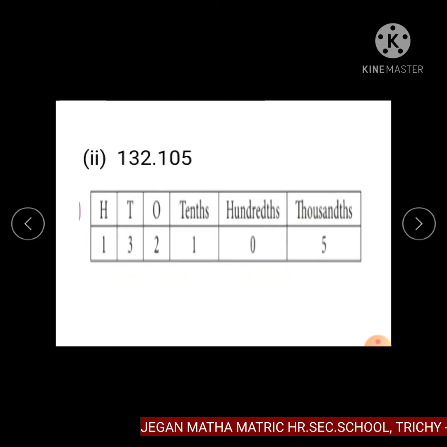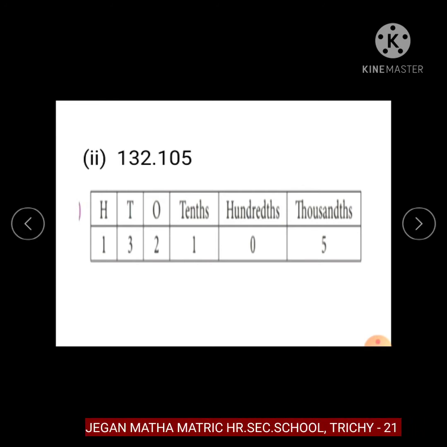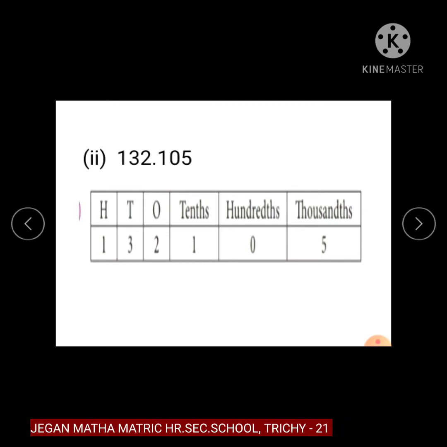The given number is 132.105. In this number, 1 hundred, 3 tens, 2 ones, 1 tenth equal to 1 by 10, 0 hundredths, 5 thousandths, 5 by 1000.